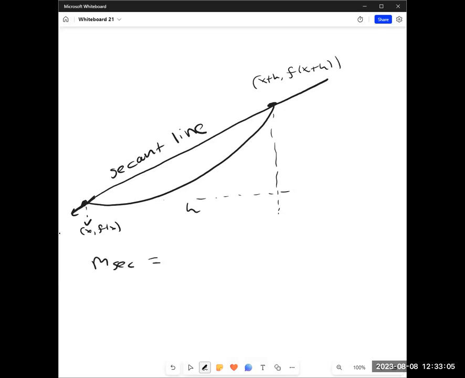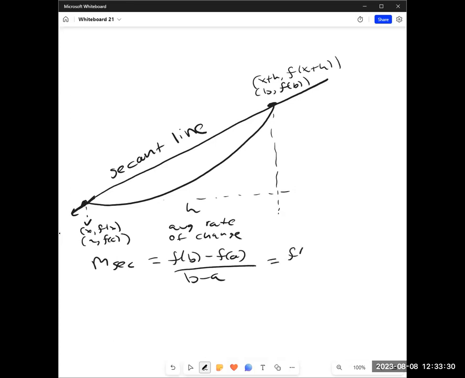I could write that as a, f of a and b, f of b, as f of b minus f of a over b minus a. We'll call that average rate of change later. Or I could use f of x plus h minus f of x divided by h, where h is not equal to 0. In this case, a is not equal to b because I don't want the denominator to be 0 in either case.